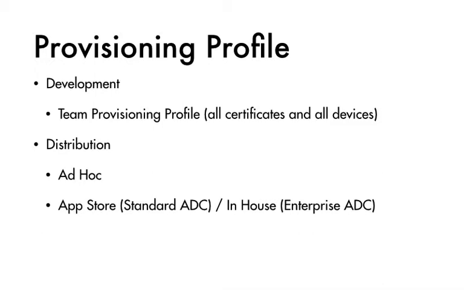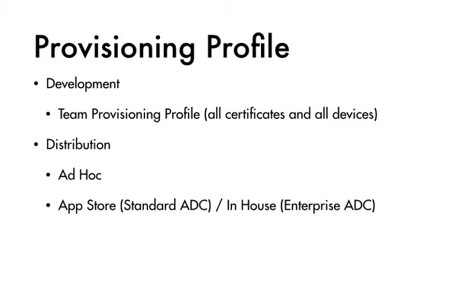For example, it will use a wildcard app ID to match all the apps, add in all the devices that are registered in the member center, and include all the certificates that the team has created. So in normal day-to-day development, you only need to use a team profile, because you can run all the apps on any devices, as long as you register the devices in the member center.